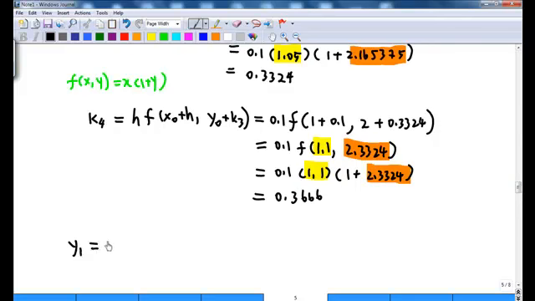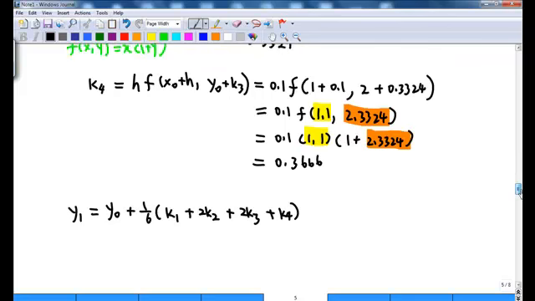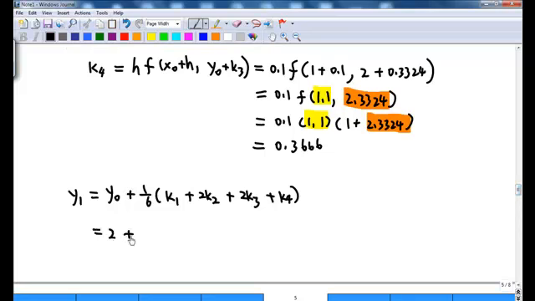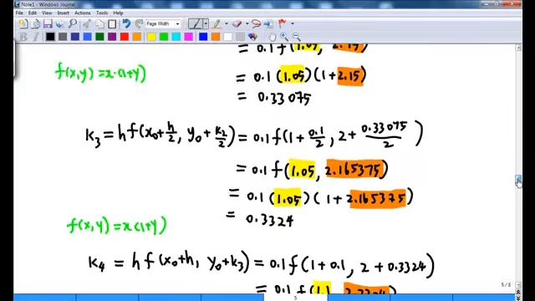So after I calculate K1, K2, K3, K4, then I can find my Y1. Y1 is equal to Y naught plus 1 over 6 of (K1 plus 2K2 plus 2K3 plus K4). Now Y naught is equal to 2, and you go back and look for K1.